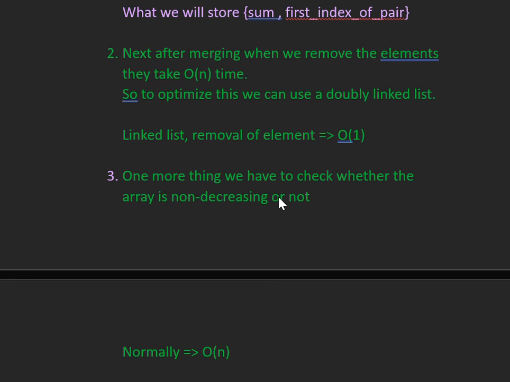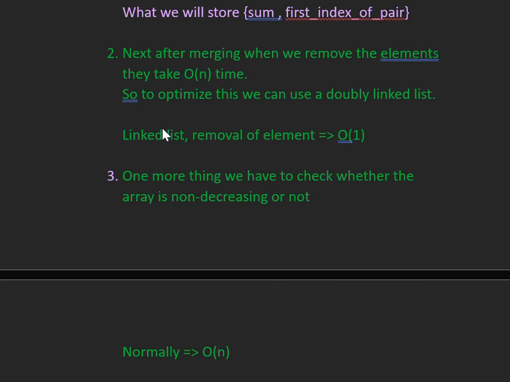So next, what can we optimize? Once we have merged the elements, we remove the elements. In the brute force approach, removing the elements takes O(n) time. Now how can we optimize this? We can use a doubly linked list.